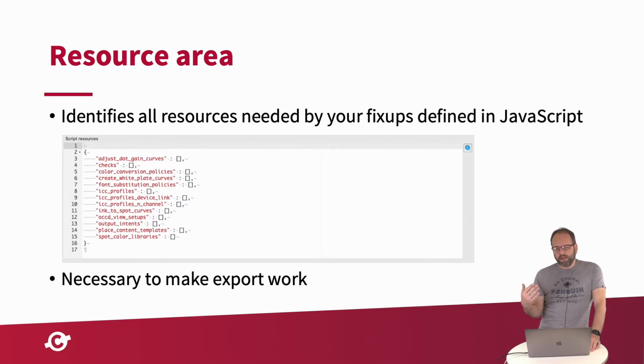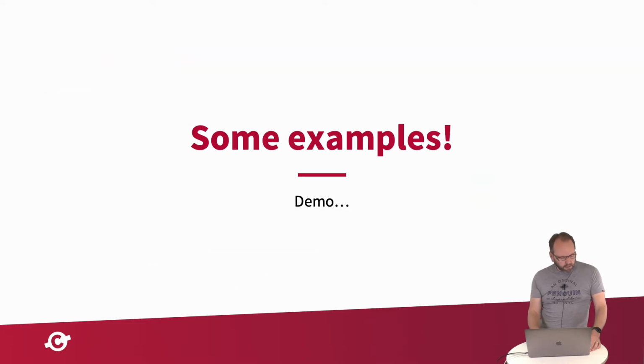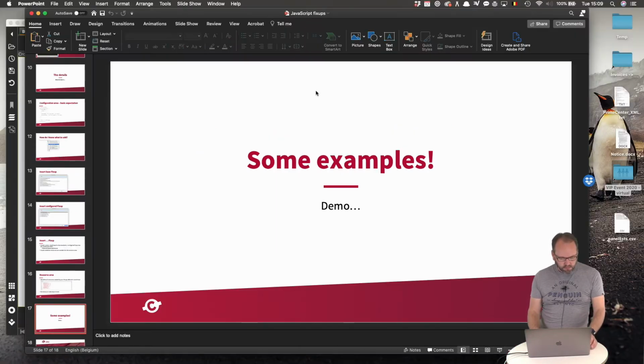So this is an object at the top level, and then it has names in there, and each of those names has an associated array. And those arrays are empty right now. But there you can specify the resources that are needed for the fixup.